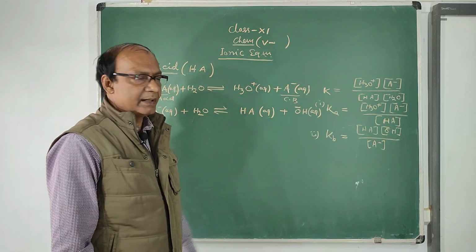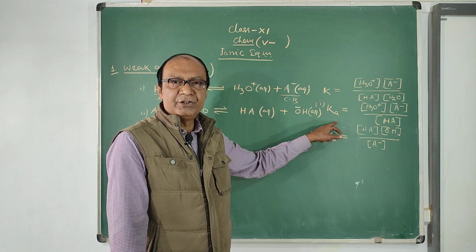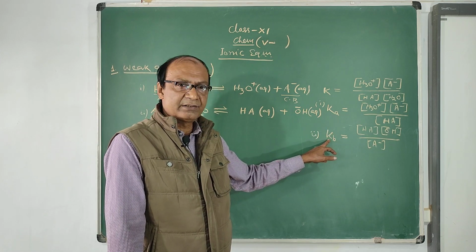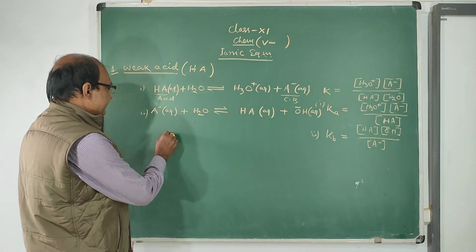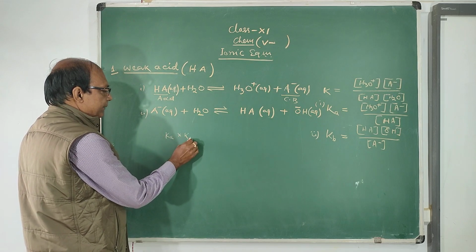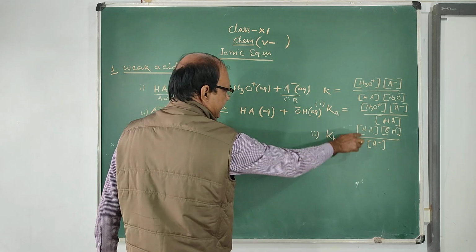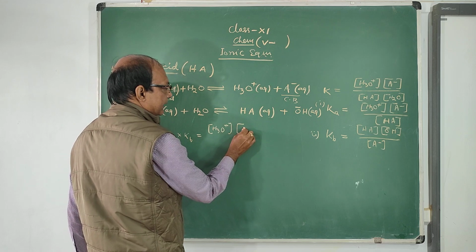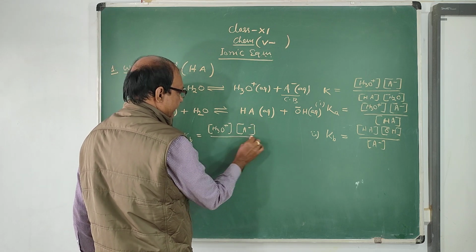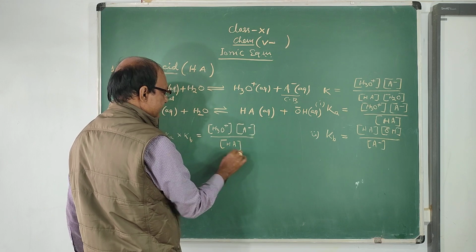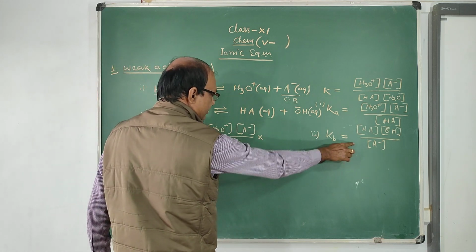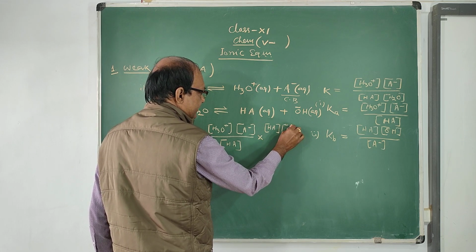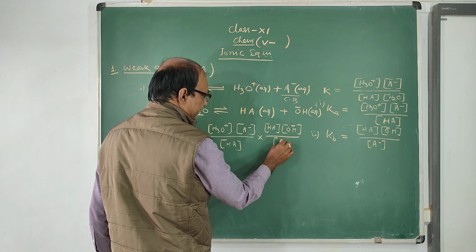So look at this. We are writing Ka and Kb for a conjugate acid-base pair. This is the acid dissociation constant of the acid. This is the dissociation constant of the base. Now, if you write Ka into Kb, you will get H3O plus multiplied by A minus divided by HA, this is the expression of Ka, into concentration of HA, concentration of OH minus divided by concentration of A minus, this is the expression of Kb.